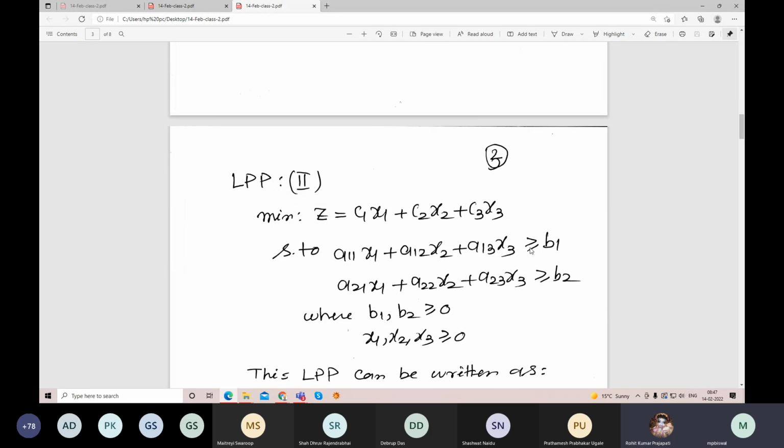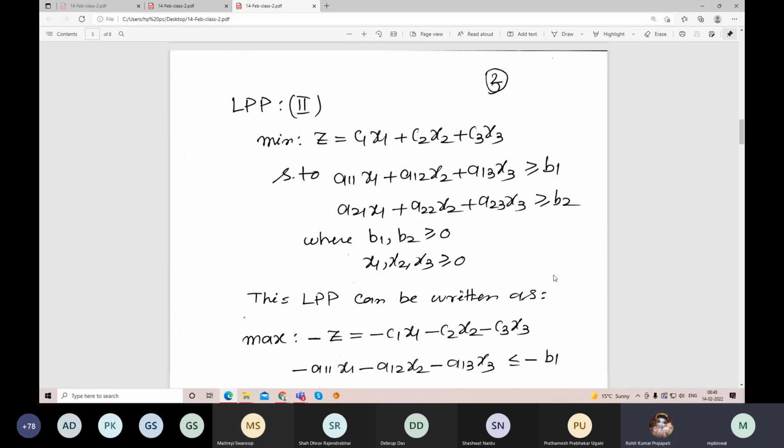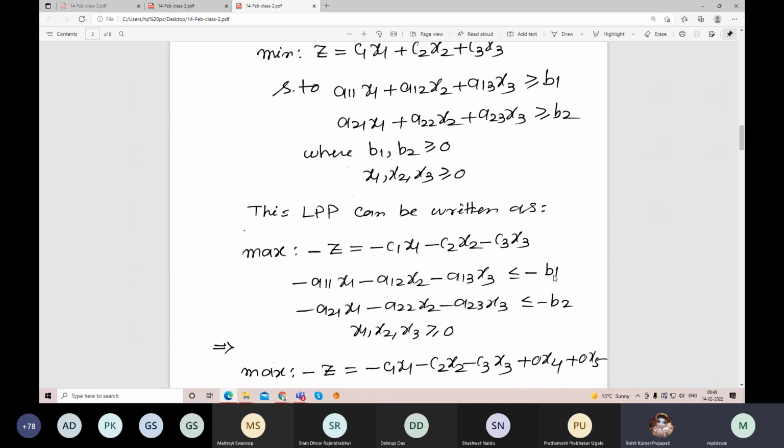Two inequations. Keeping the right hand sides b1, b2 non-negative, this LPP can be written in this manner. Always, we solve a maximization type problem, so we will multiply by a minus sign: minus z equal to minus c1 x1 minus c2 x2 minus c3 x3.